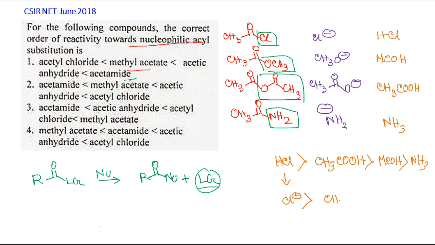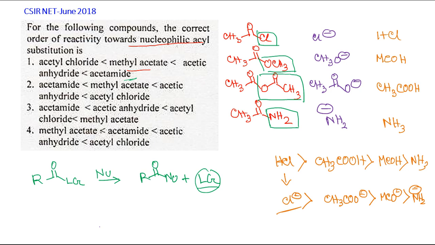Then we have, so this is the stability order of leaving group. So when this is the stability order of leaving group, that means this is also the order of reactivity of these substances given. So here maximum reactivity that you can expect is for CH3COCl, because here Cl minus is the stable leaving group.